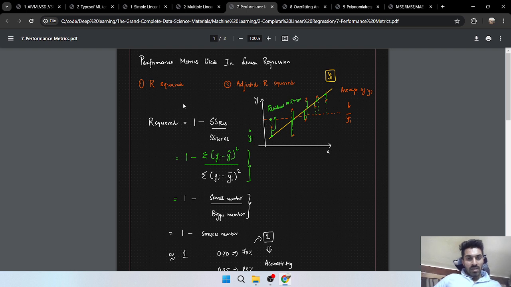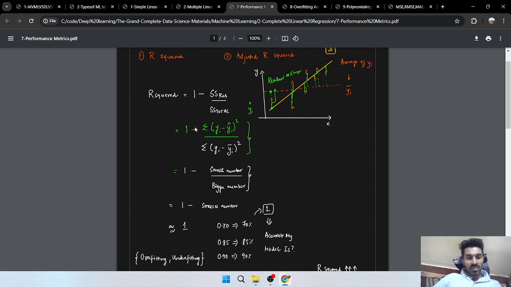In linear regression, to find the performance, or accuracy, we use the R square and adjusted R square metrics. The R squared formula is 1 minus SSRES by SS total.